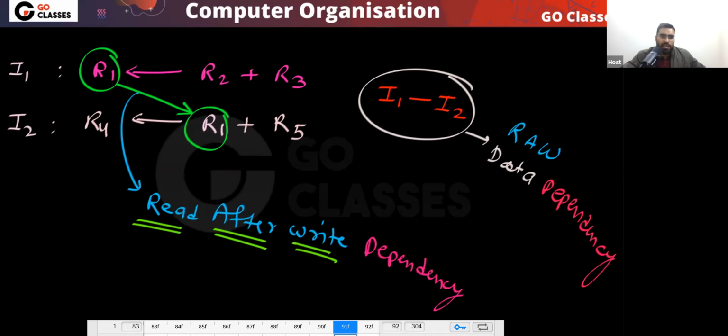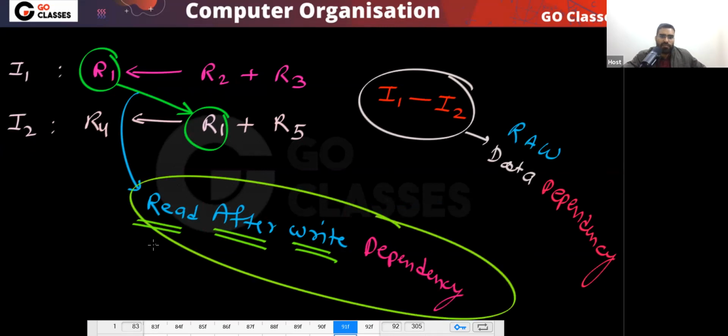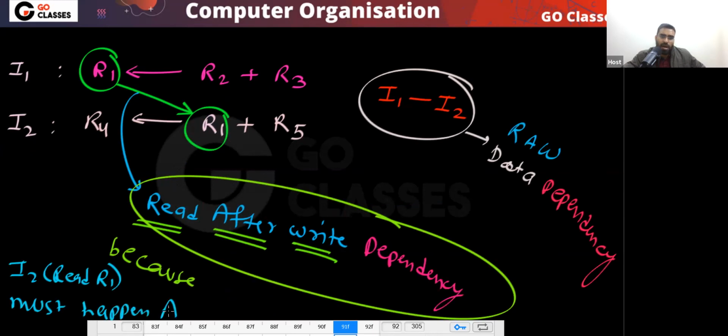So you can see that this is called read after write dependency. Why is it called that? Because this I2 read of R1 must happen after I1 writes R1.